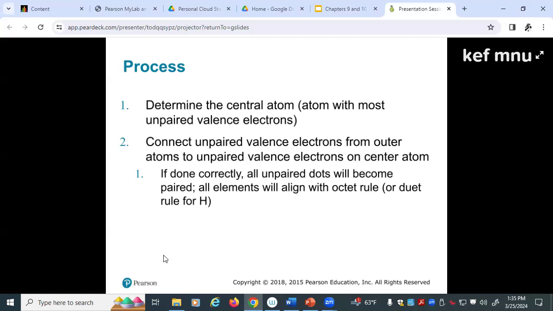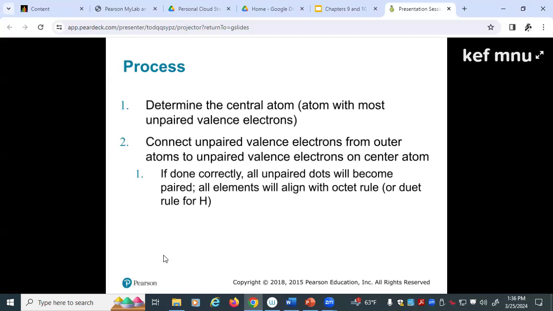If we can do that, chances are pretty good that by the end of the process, we'll have done two things. We'll have gotten everybody an octet, and we will have paired up everybody's unpaired electrons. And that's as much as we can ask for anything.